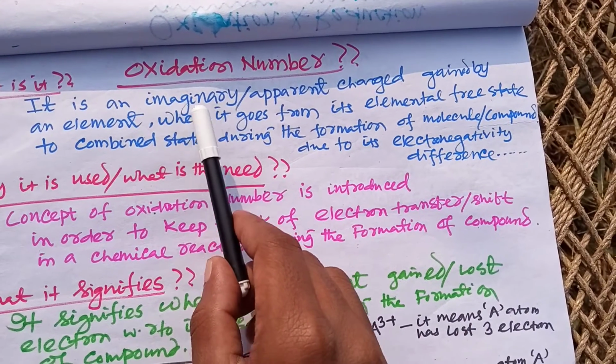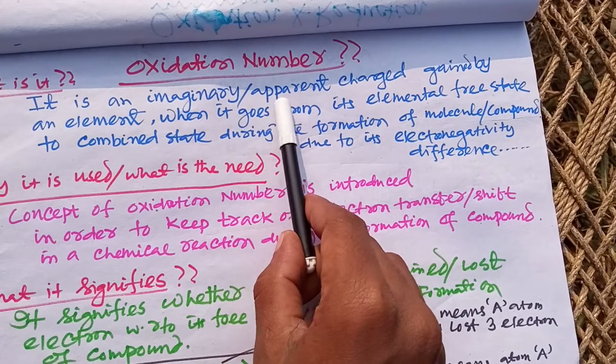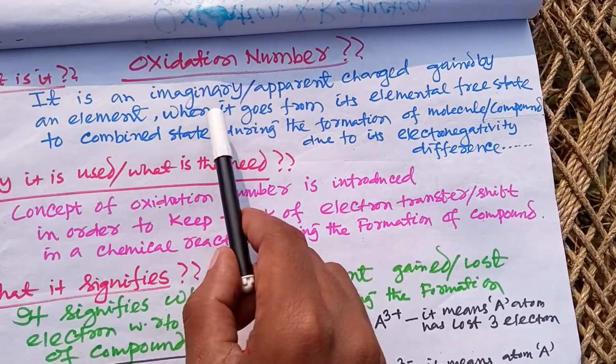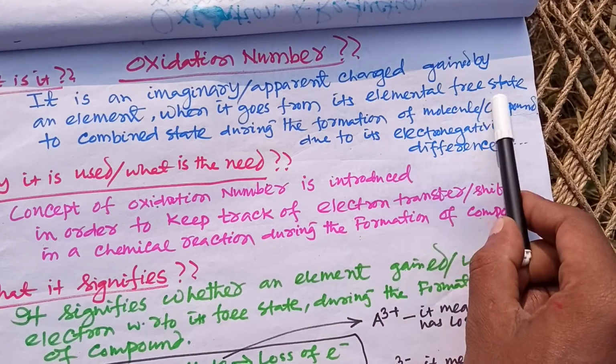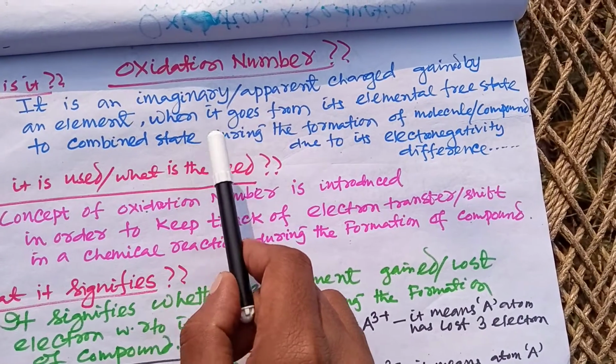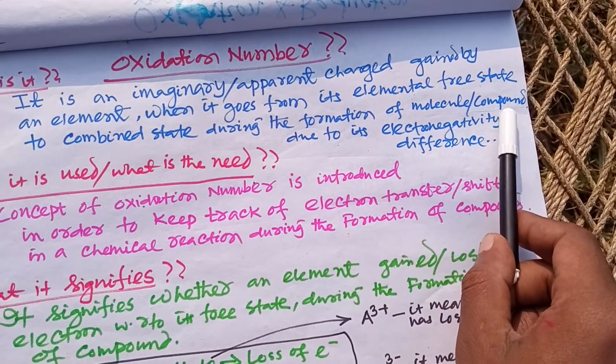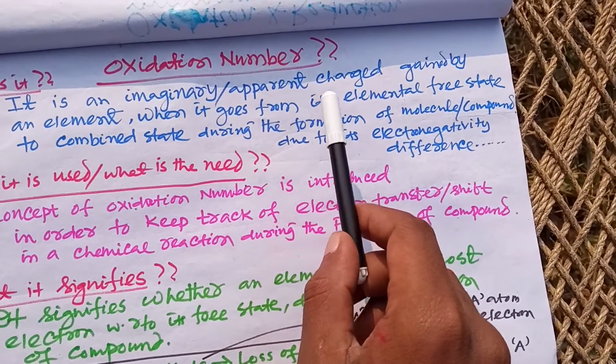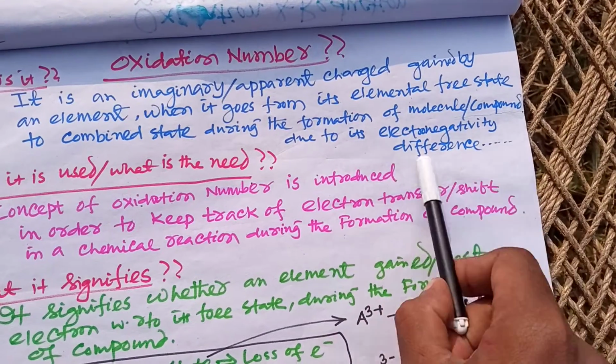And this oxidation number is nothing but because of the electronegativity difference.